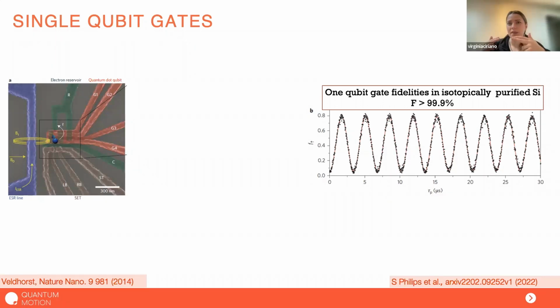But in order for this way of avoiding or correcting your errors to work, you need to have a minimum amount of good stuff. If your gates are horrible and your measurement is horrible, it doesn't matter if you are correcting anything, because you are correcting badly, and it's just not improving anything.